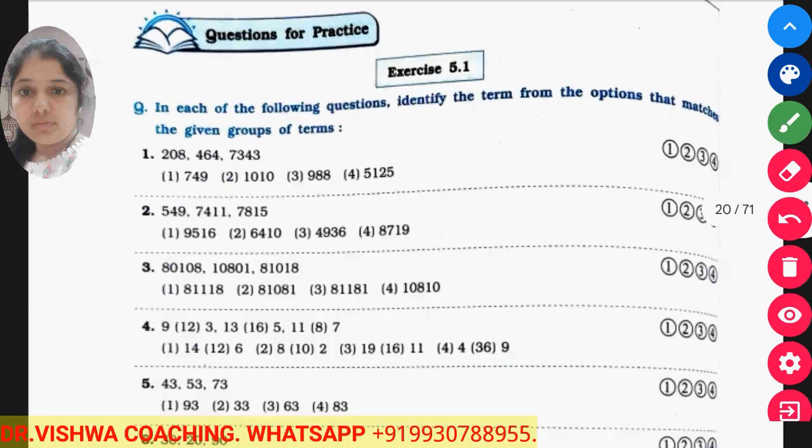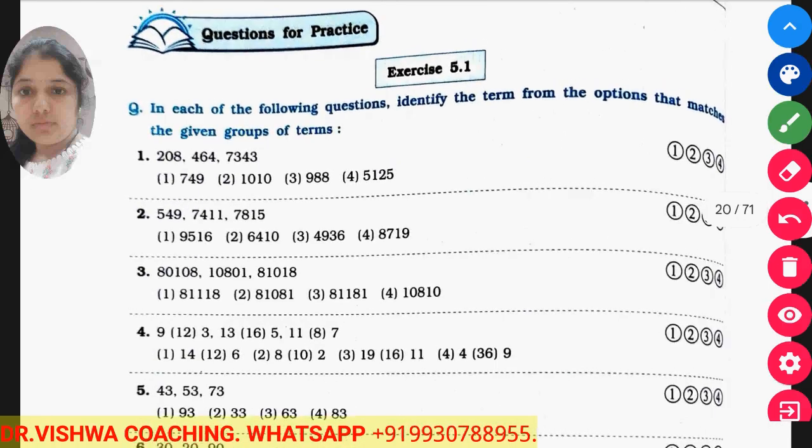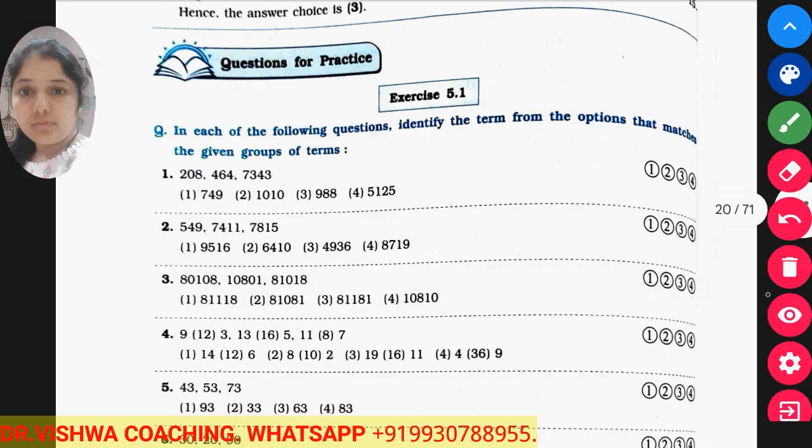So in the practice exercise, exercise 5.1 is based on numbers. Here it is based on prime numbers, triangular numbers, squares of numbers, and odd-even numbers. Now the very first question: the terms given are 208, 464, 7343.